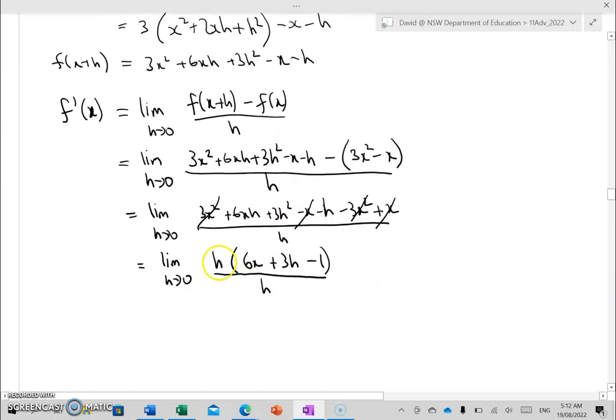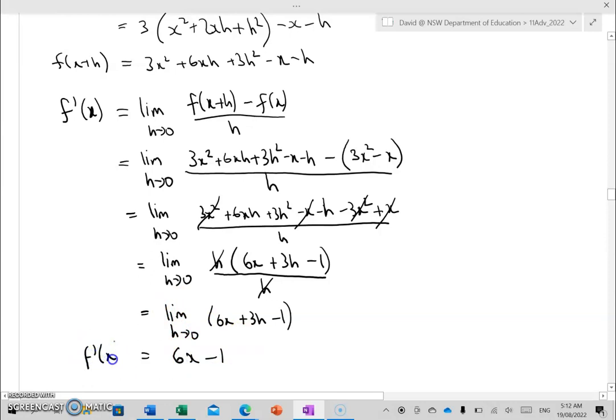Now remember, the key thing we're trying to do is divide out the h's so that we've got no h anymore in the denominator. And then once we've got to this stage, so I'll just rewrite 6x plus 3h minus 1. Once we've eliminated h from the denominator, to evaluate this limit, we essentially sub in h is 0. So if I sub in h is 0, I remove the lim statement now, and we write 6x minus 1.